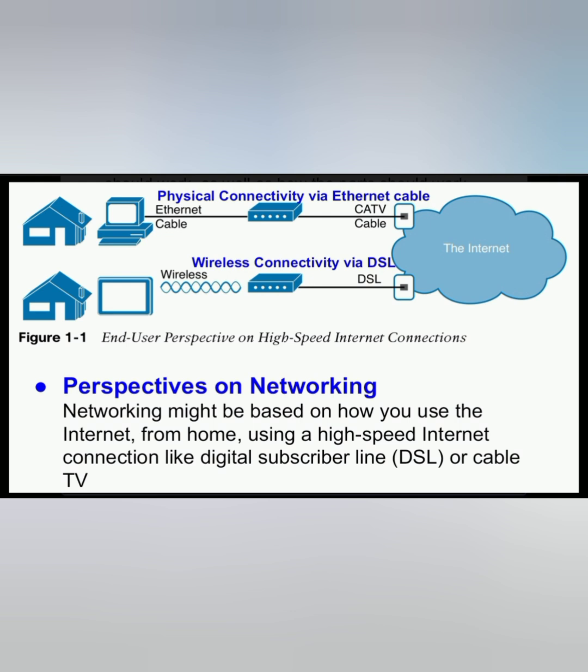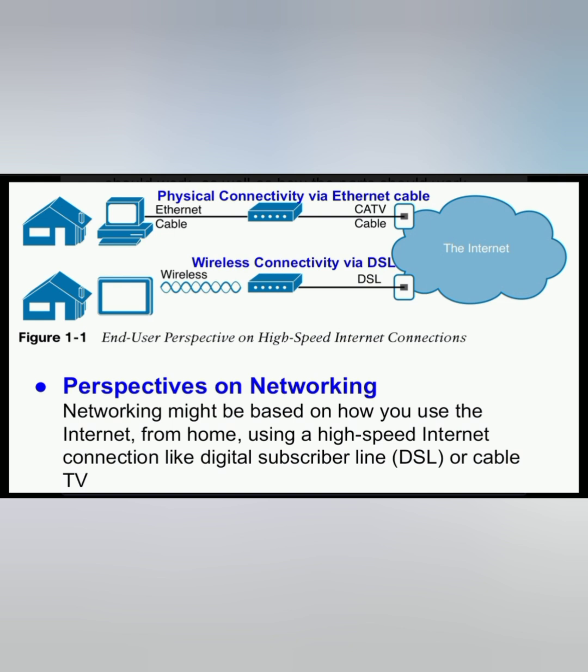The internet, which reaches you through the cable TV and cable modem with the help of an Ethernet connection, is known as the comparing physical connectivity interface. So that is the example of physical connectivity.